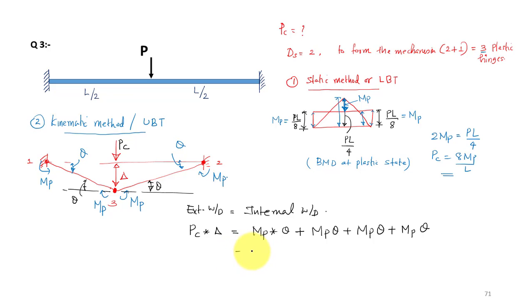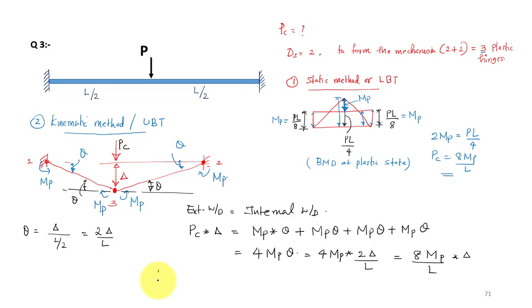So in total we have 4 times MP theta, and from this diagram we can say that theta is equal to delta by L by 2, which is equal to 2 times delta by L. So we can substitute that here: 4 MP into theta, with theta equal to 2 delta by L. So that is equal to 8 times MP by L into delta.